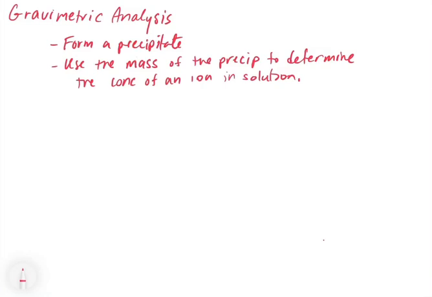In the first problem, they want to figure out the concentration of lead in solution. So they take a solution and precipitate lead with bromide, and they form a solid precipitate of lead bromide.